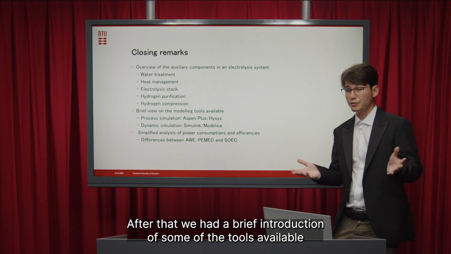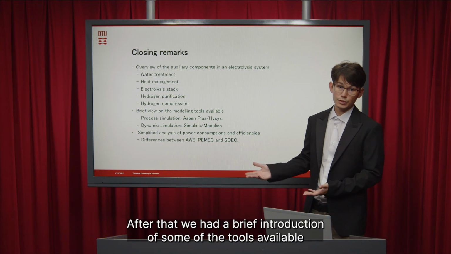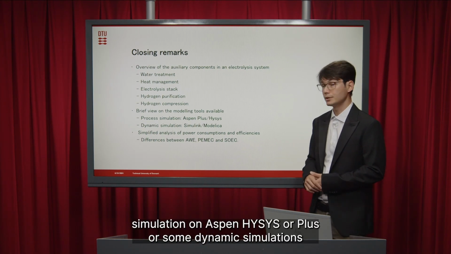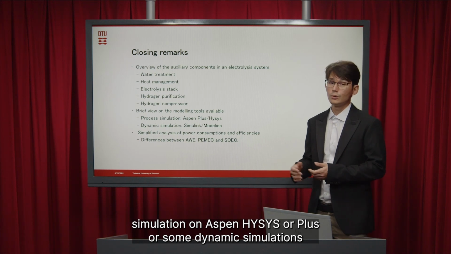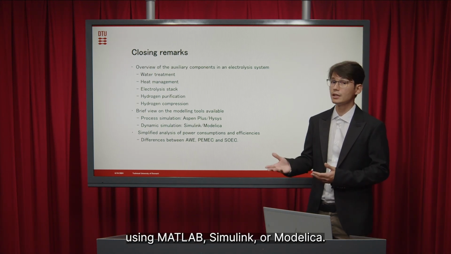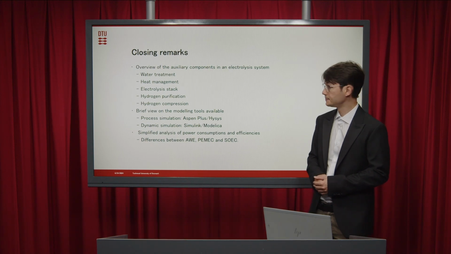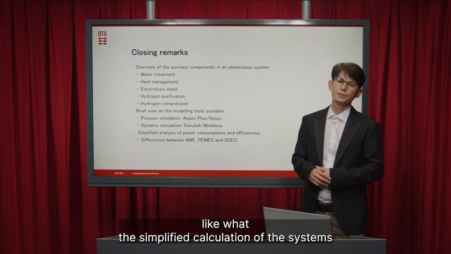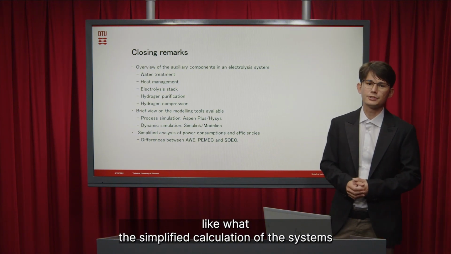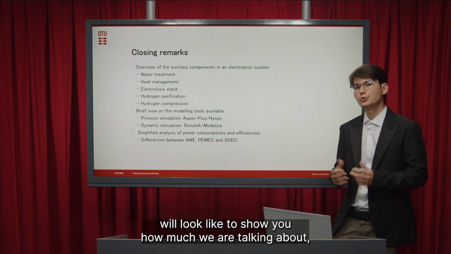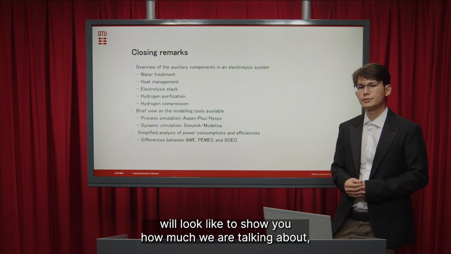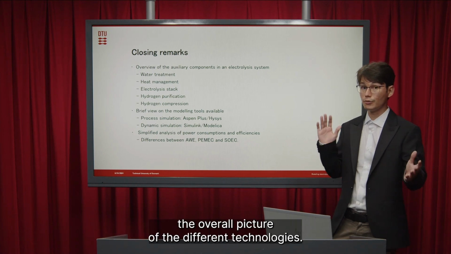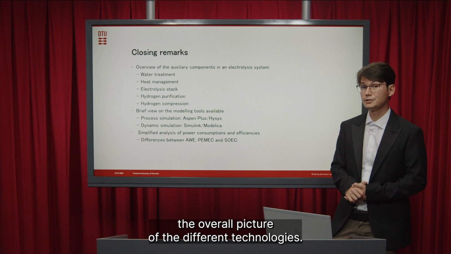After that, we had a brief introduction to some of the tools available for modeling that, for instance, process simulation in Aspen HYSYS or Plus, or some dynamic simulations using MATLAB, Simulink, or Modelica. And finally, we tried to wrap it up by showing you what the simplified calculation of the systems looks like, to show you how much difference there is between the equipment and the system, and how much this affects the overall picture of the different technologies.